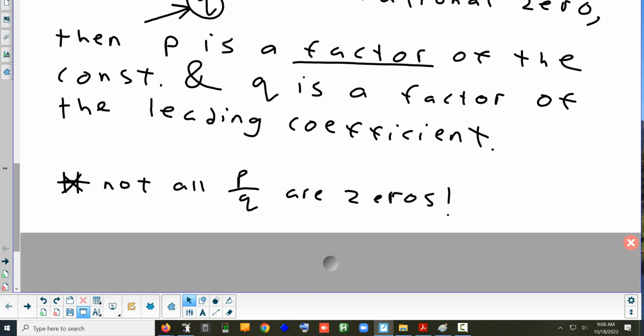So not every single number that we write down is going to work. This theorem basically generates a list of possibilities. It's still up to you to check out which ones actually work. All right, and we're going to do that one right now. We'll go through it step by step.